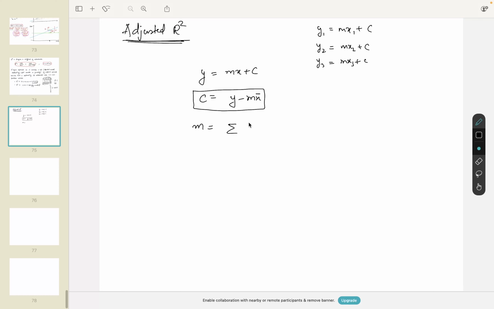Just try to understand how we are doing it. We'll do xi, where i stands for the different i. x minus x bar, into yi minus y bar, meaning the y average, upon the summation of xi minus x bar, whole square.